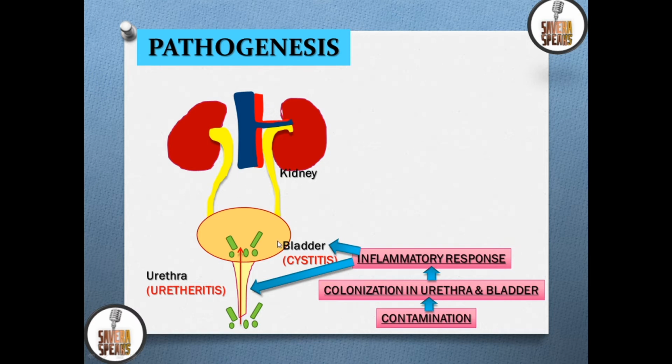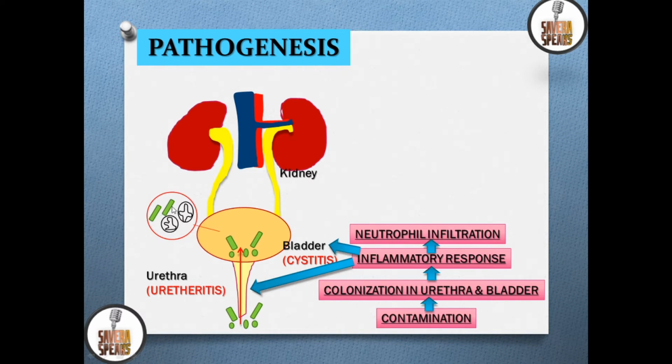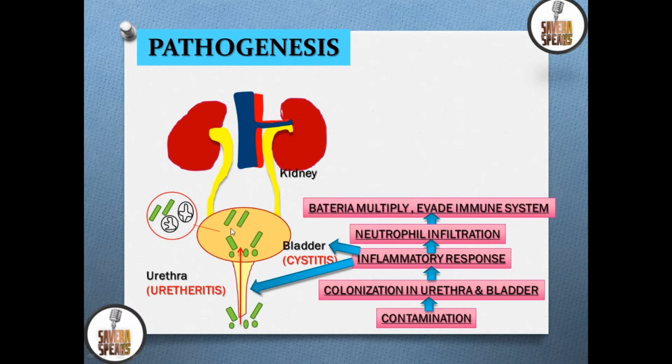After that, there is neutrophil infiltration, and we can see in the bladder there are neutrophils and bacteria. These bacteria multiply and evade the immune system due to their virulence, and then they form a biofilm. That is, they stick together and adhere to the surface so that they can survive for a longer time.